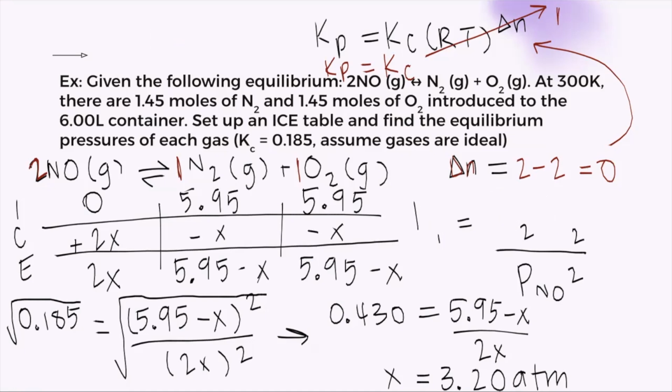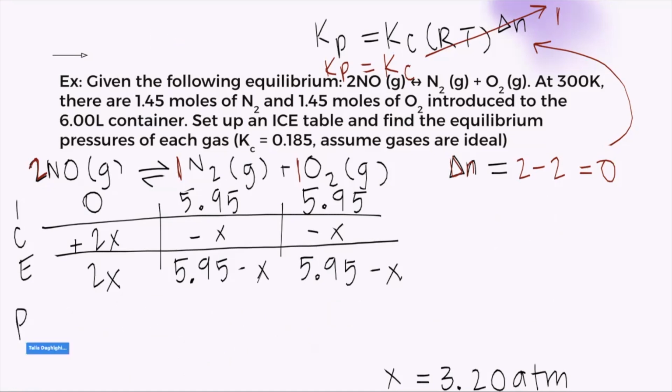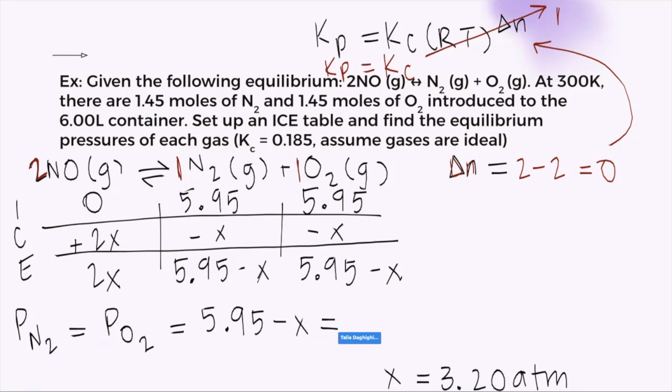I'm going to erase some of the work to make room for calculating the equilibrium pressures. As we established earlier, the pressure of N2 is going to equal the pressure of O2, which is 5.95 minus X, which is going to be 2.75 atmospheres.